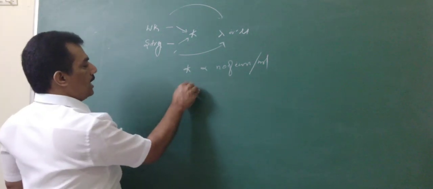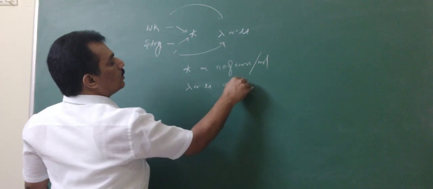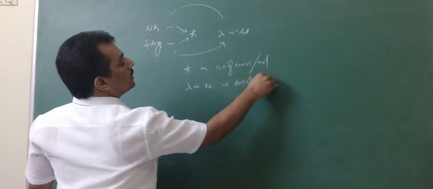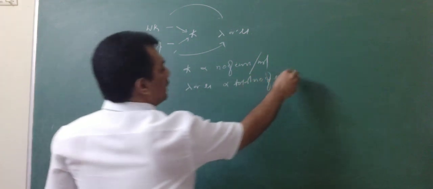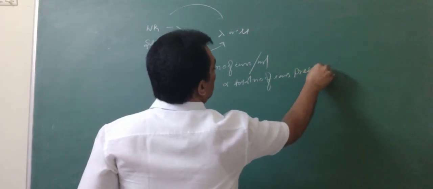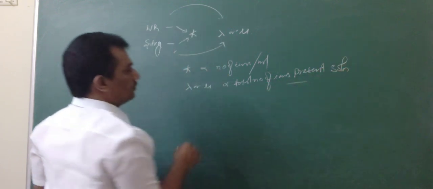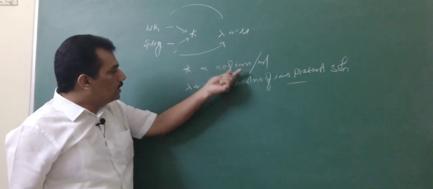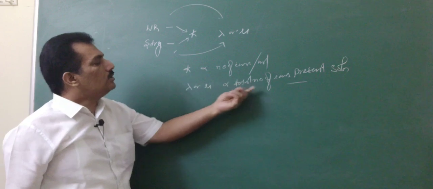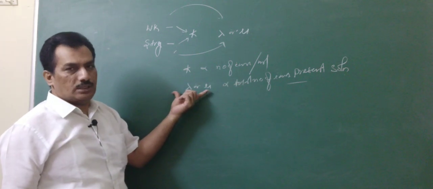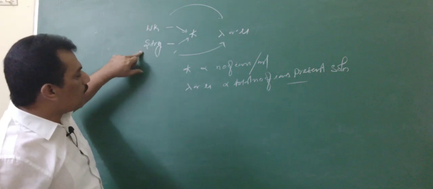Whereas lambda or mu is directly related to the total number of ions present in the solution. Here the volume is not confined, you remember. So the number of ions per unit volume is responsible for specific conductance, and the total number is responsible for this conductance.